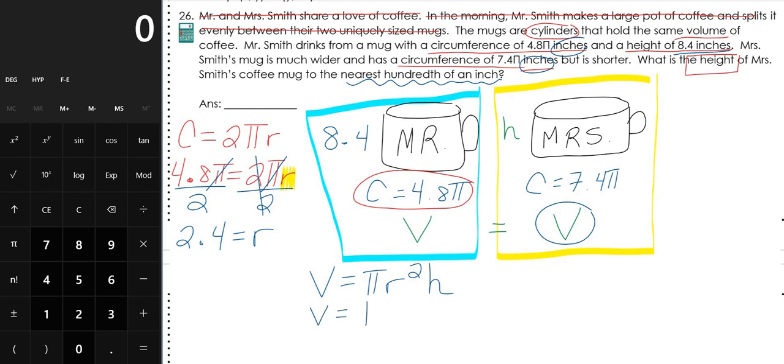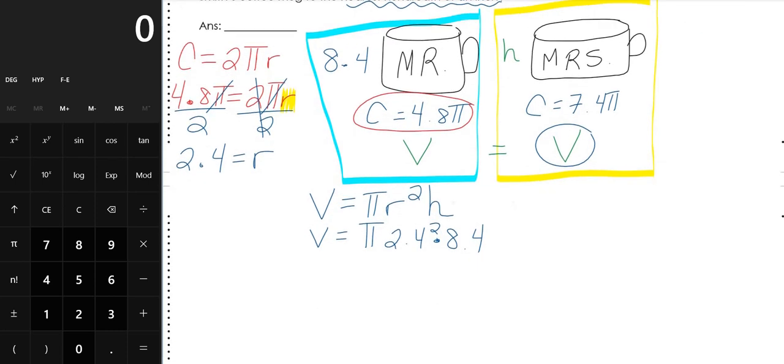Volume equals pi times 2.4 squared times the height of 8.4. Move down to give myself a little bit more work room. Now, calculator work. I'm not going to multiply in pi because I already know Mrs. Smith's mug is also going to use pi, and that probably will make it easier if I don't multiply it in.